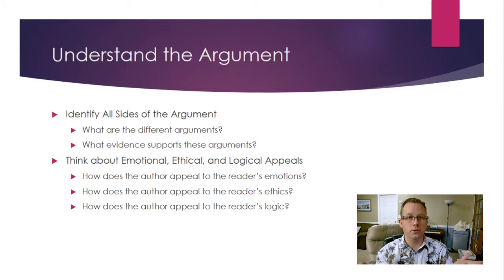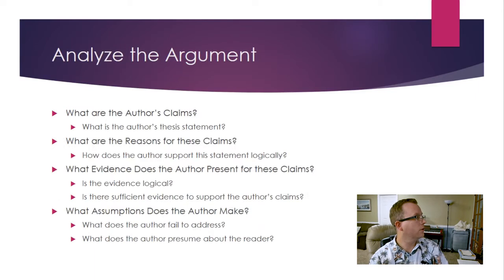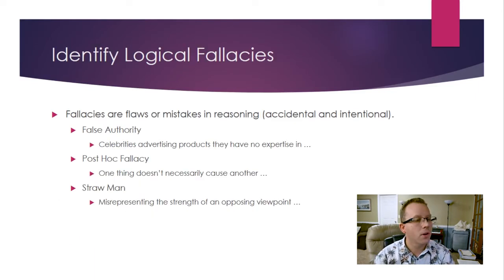Something should be logical no matter who presents it or how it's presented. So, you need to make sure that your argument or the argument of those that you analyze is free from mistakes. Mistakes in logic, we call that a logical fallacy. A logical fallacy is a mistake in logic.